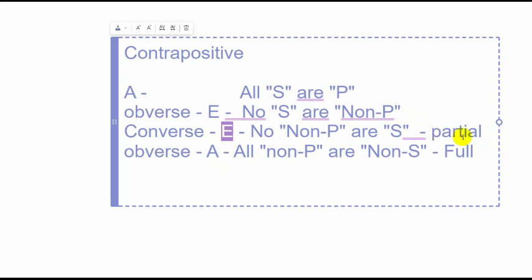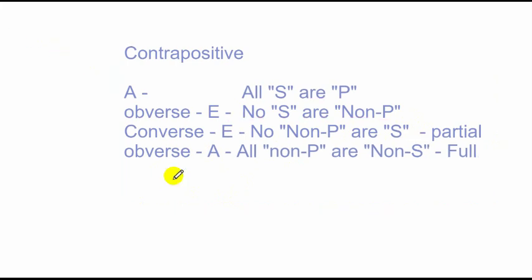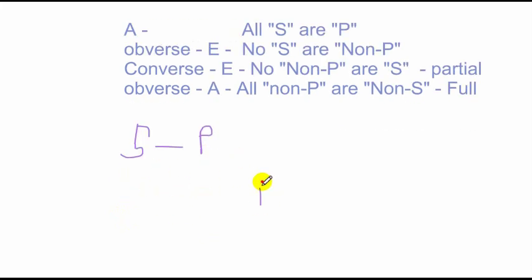Now once we do the partial, the rule for this is that if we have subject and predicate in partial contrapositive, we have to negate one of either the subject or the predicate. And it is also interchanged.